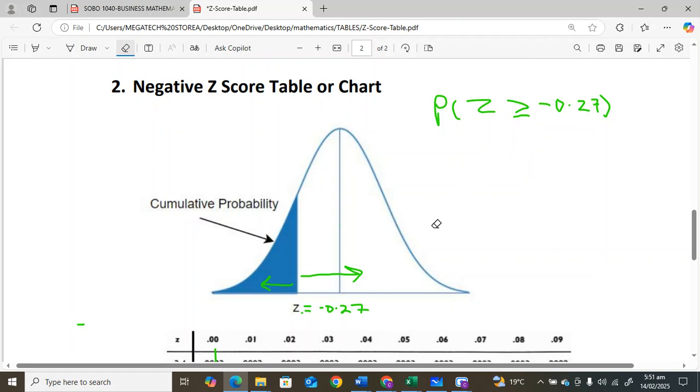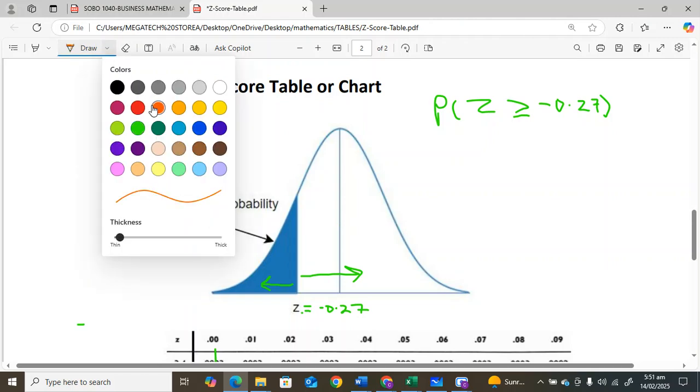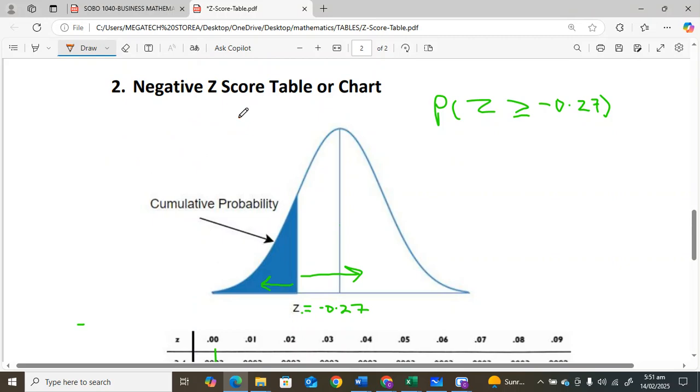So, madam, how do we find this probability in white? Wait, hold on, madam. We are adding it.